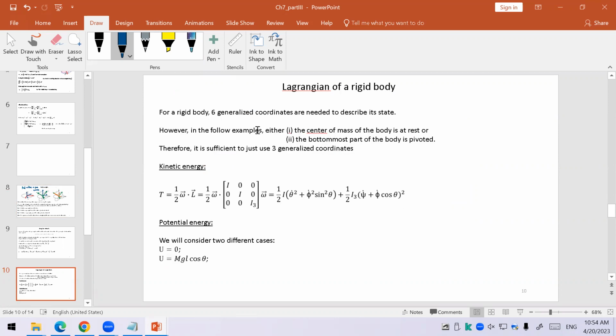So in total, you need 6 generalized coordinates to describe your rigid body. However, in the example that we'll consider, the center of mass of the body is at rest, or a particular point of the body is fixed. Okay, so then in that case, we will still just need the three angles to describe the whole body. Okay.